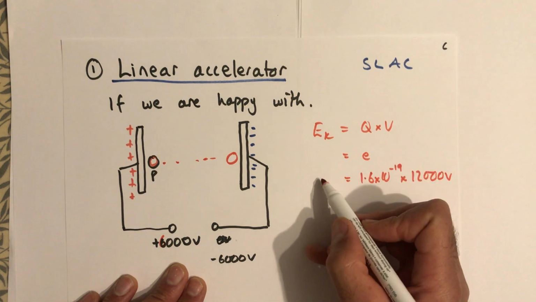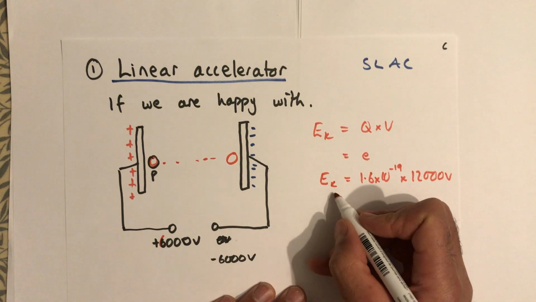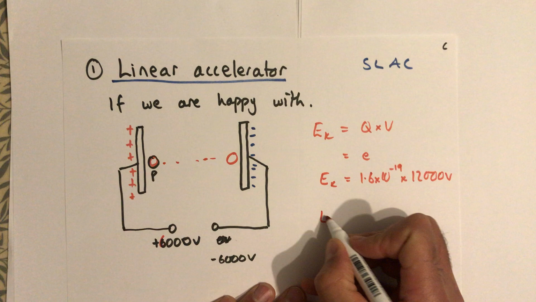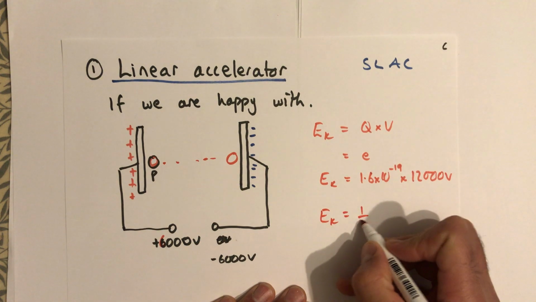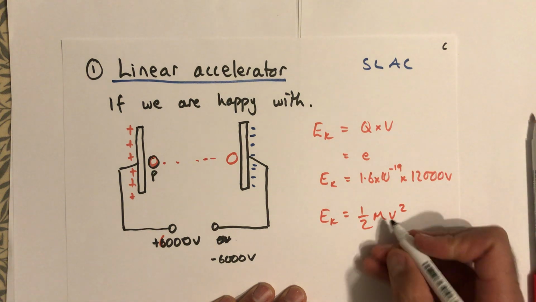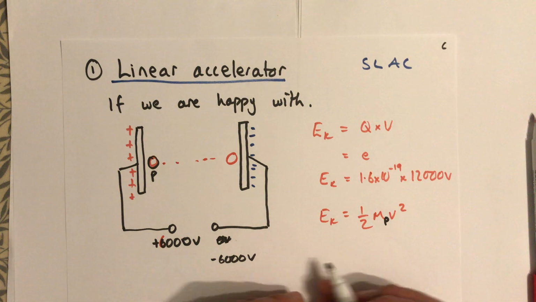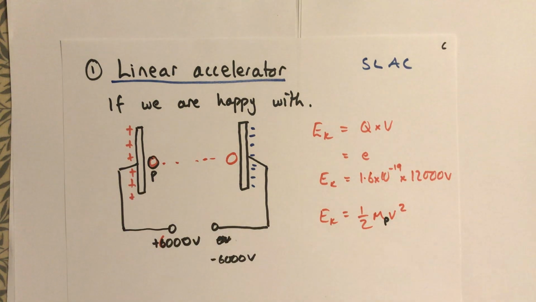And that would be its kinetic energy. And we could then rearrange and say, okay, once we've found this kinetic energy, that kinetic energy also equals half mv squared. And then if we put the mass of the proton in there, so that's our mp for mass of proton, we could solve for a velocity and find out how fast it would be going. And presumably it'd be going quite fast, and that would be great.